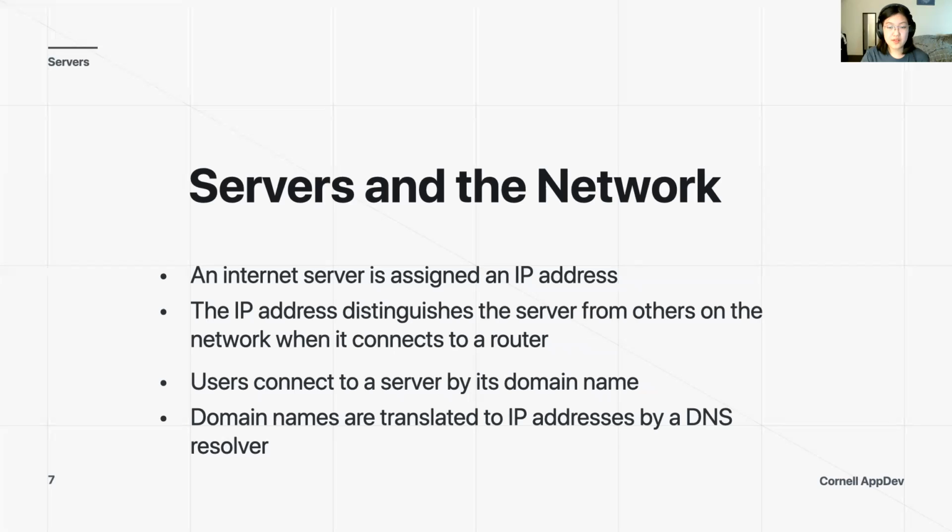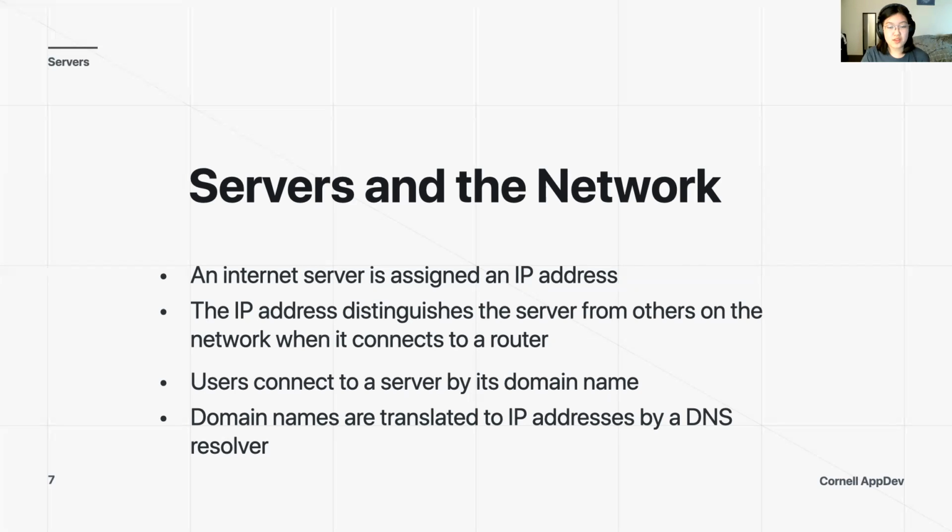So what is a router? One of the most common ones is the Wi-Fi router, which is the wireless router. So users connect to a server by its domain name. You can think of them as a more readable version of IP addresses, right? Domain names are translated to IP addresses.